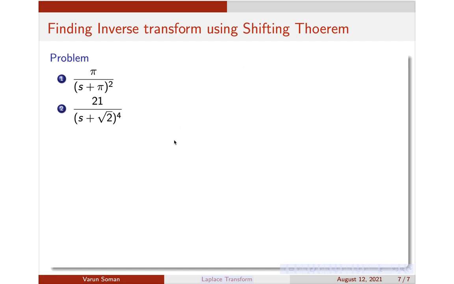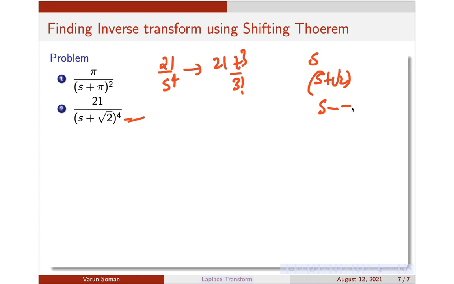Next question, how will you do this problem? If you look at the table, this is similar to 21 by s raised to 4. Now you know the inverse transform of 21 by s raised to 4, which is 21 into t cube by 3 factorial. Now can you identify what will be the inverse transform of this? You know that in place of s you have s plus root 2, which means you have s minus minus root 2. So this is your F of s minus a.